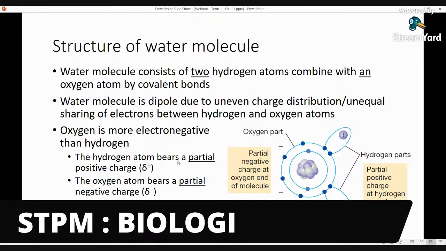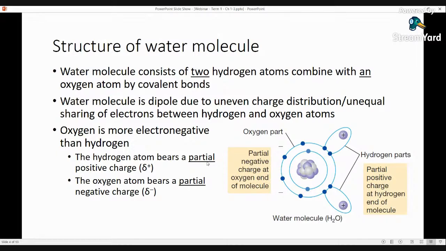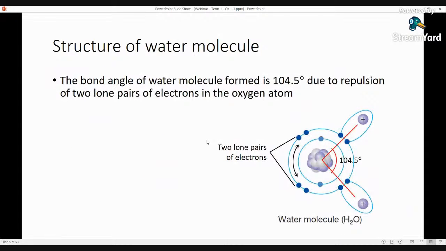The hydrogen atoms bear a partial positive charge. I highlight the word partial, or you can write slightly positive charge. The oxygen atom bears a partial negative charge. So the word partial is very important. Then the next point is the bond angle.